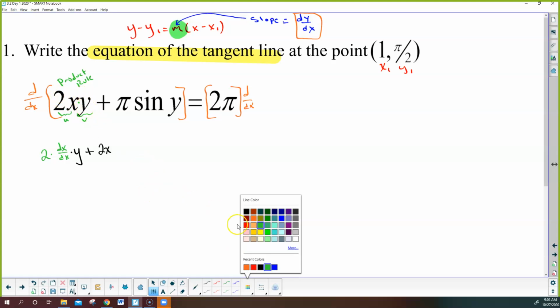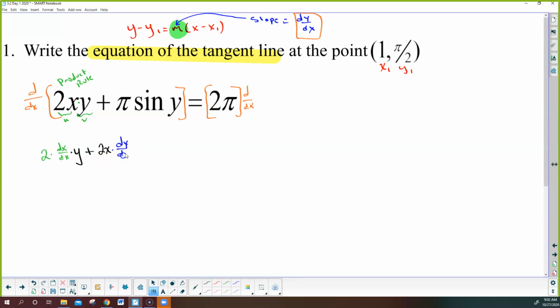Well, what's the derivative of y? That's just 1 dy dx. So this whole piece is the product rule, and it came from right here. Nothing super crazy.